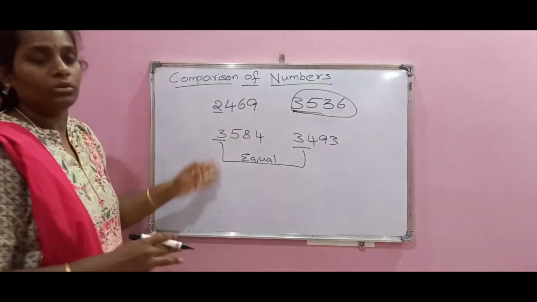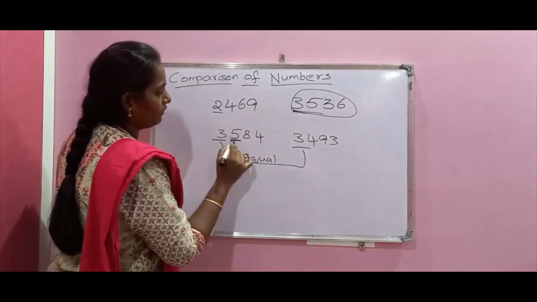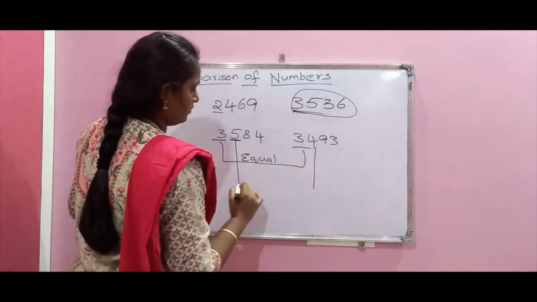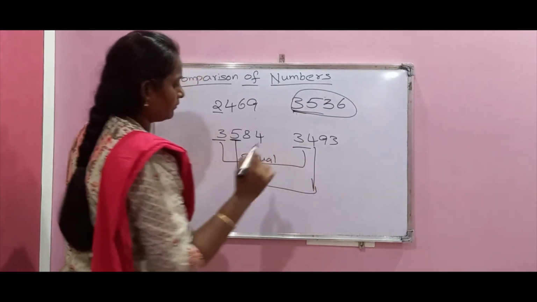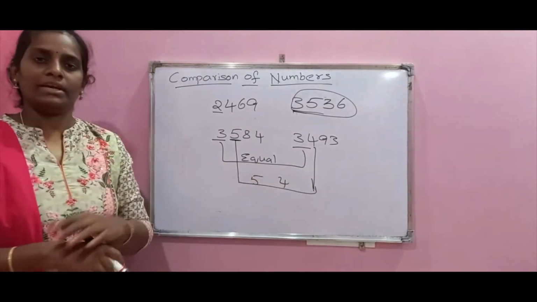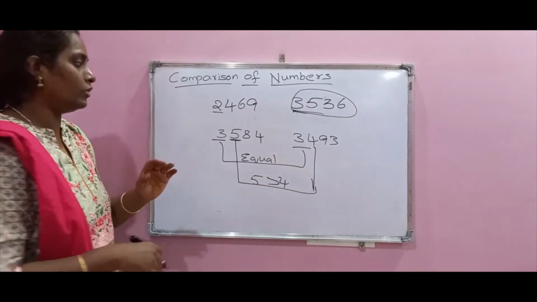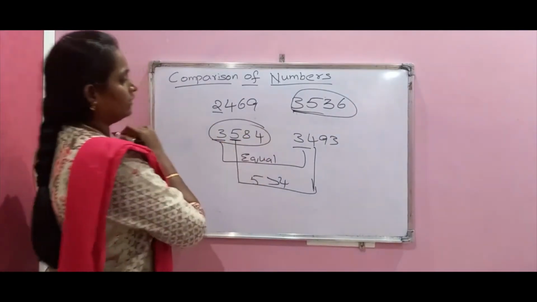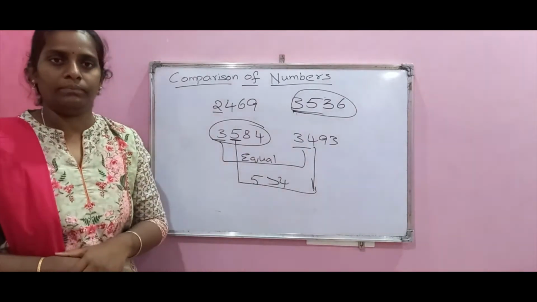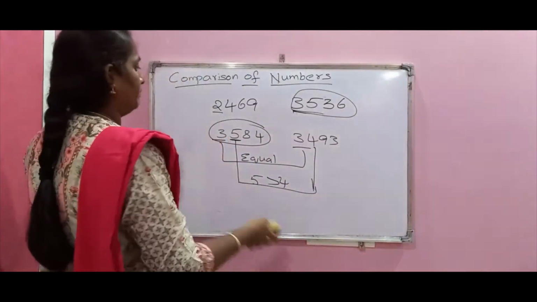So, go to the next digit. What is the next digit here? 5. Here, 4. Which is the biggest? 5 is greater than 4. So, this is the greatest number compared to 3,493. Understood?